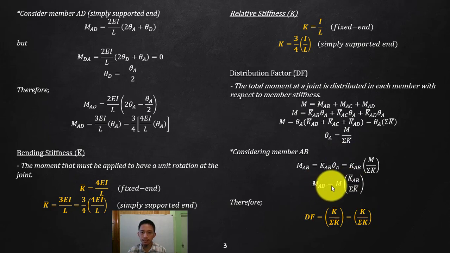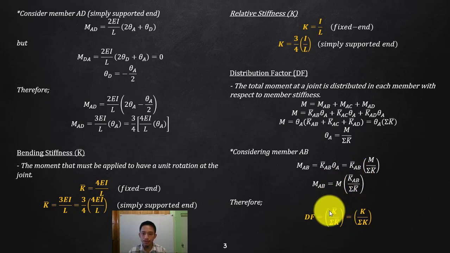So that's it. If you want to distribute, and you know the total moment on the joint, then for you to get the moment to be taken by AB, that is the stiffness of AB over the summation of all the stiffness of the connected members. Therefore, that can be simplified here. This will serve as our distribution factor.